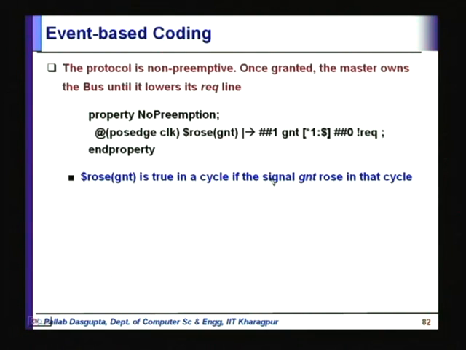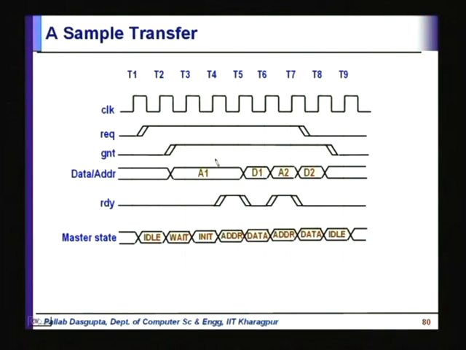Why request and grant and not ready? Let us look at this situation. See, look at this cycle, we had request, we had grant, and we had not ready, right. So, address has to be held. Again look here, request is high, grant is high, ready is not yet high.